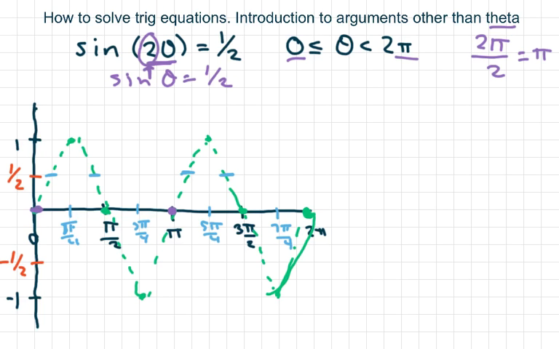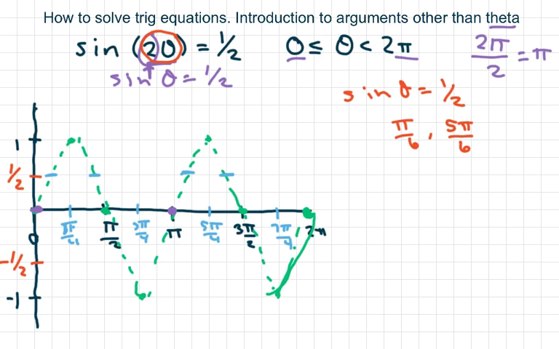Now to figure those out, we're going to act like this is theta. So what would theta be? If I just did sine of theta equals 1/2, then I would get pi over 6 and 5 pi over 6.